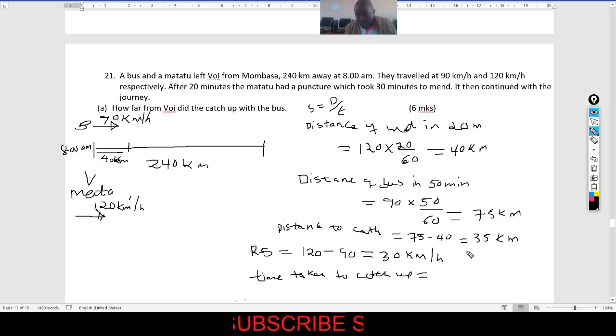Time taken equals the competing distance, which is 35, all over the relative speed, which is 30 kilometers per hour. If you divide 35 by 30, you get 1.1666, so it's 1 hour and 0.1666.